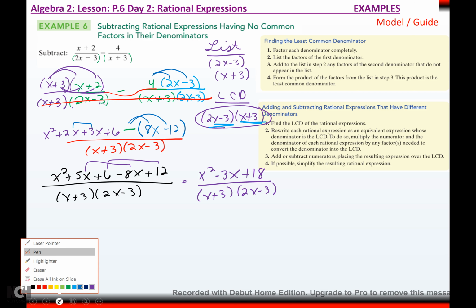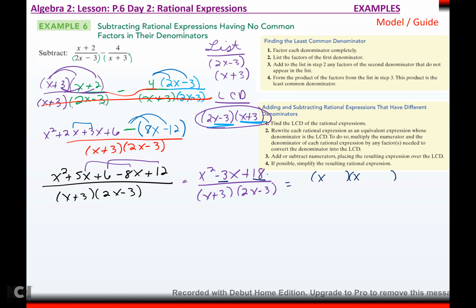So we've done the subtracting. Now we just have to factor the top and see if they cancel with anything on the bottom. The top should be an easy factor. A is 1, so x times x is x squared. Factors of 18 that'll make 3 would be 6 and 3. Since C is positive, they both will get the minus. And on bottom we have x plus 3, sorry.